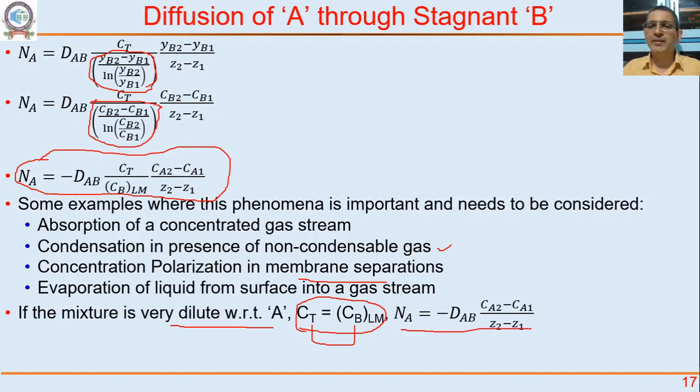So NA would be, this is like the normal Fick's law that we saw in our earlier class. NA is minus DA, the molecular diffusivity, times dCA by dx, or dCA by dz if you like.